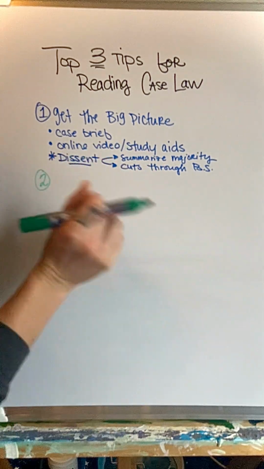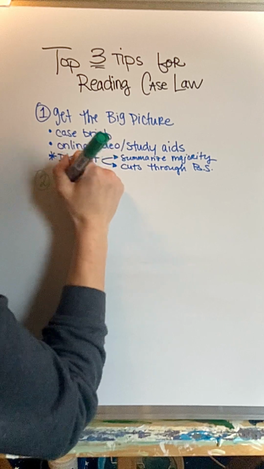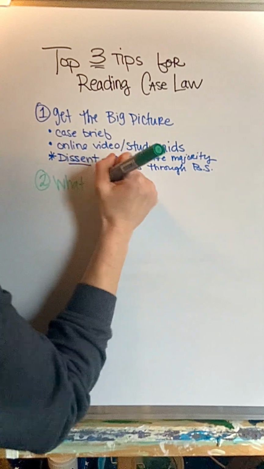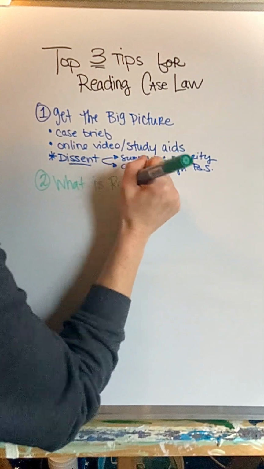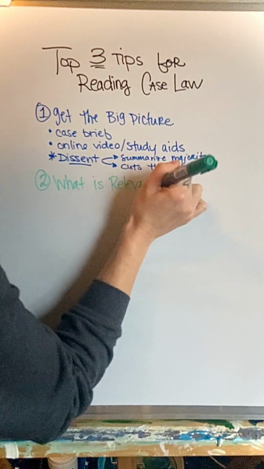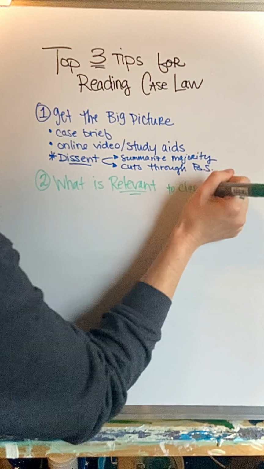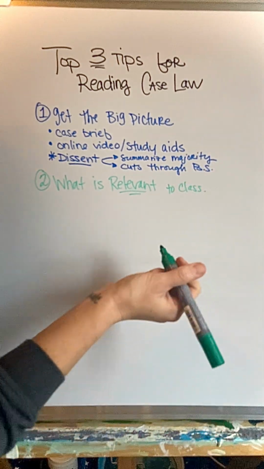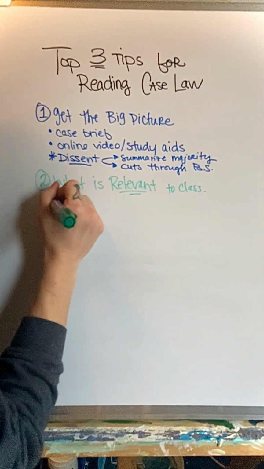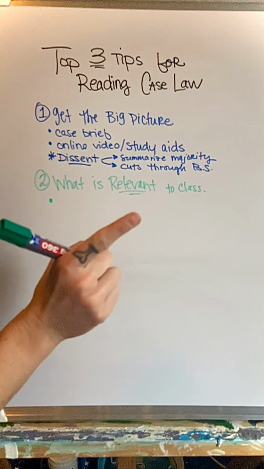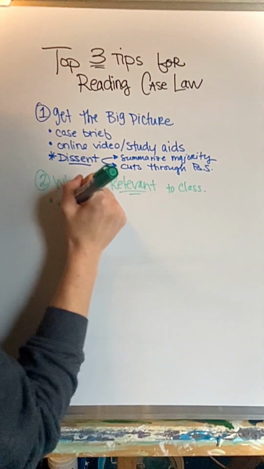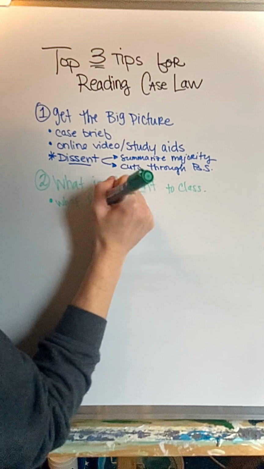So the second thing I do is I pay very close attention to what is relevant to class. So this includes when you're in class, you really need to know what lecture is focusing on.